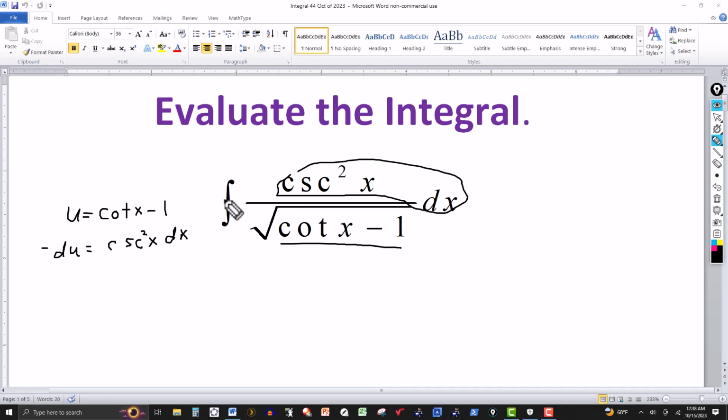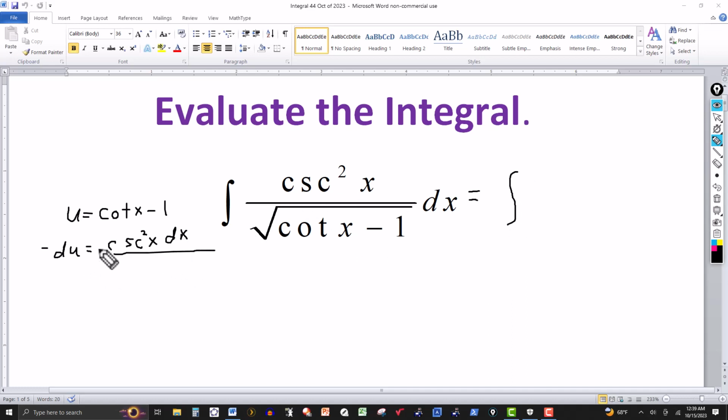So the objective here is to transform this integral to one involving the variable u. Now once I have that set up, we just go with the transformation. So this will be the integral for the numerator cosecant squared x dx. This right here, that's minus du.